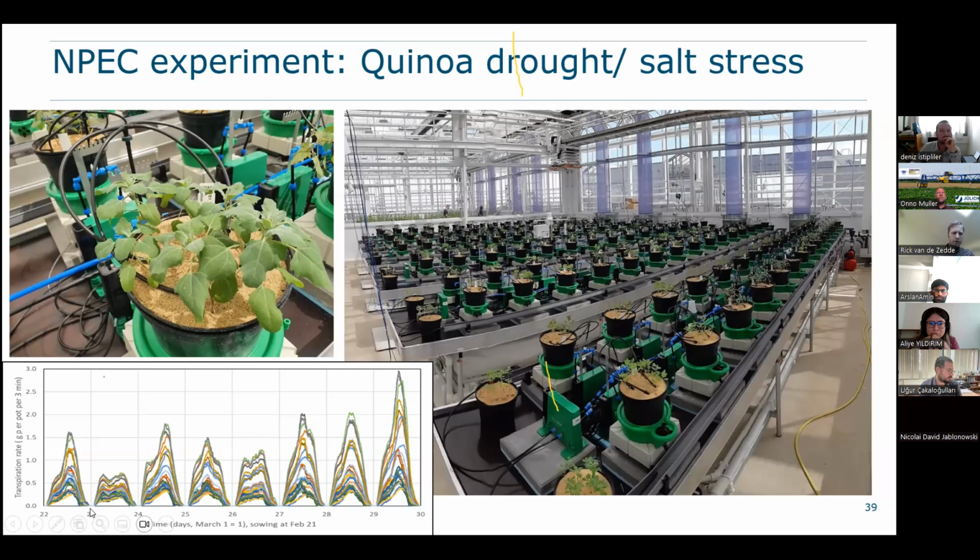And for each individual day, each line is a pot. And we can see the weight change, basically the transpiration rate, peaking at the peak of the light level in the greenhouse, which is around lunch, starting in early morning, but also slowly falling down in the afternoon when the sun is setting, and the plants are literally going to sleep.